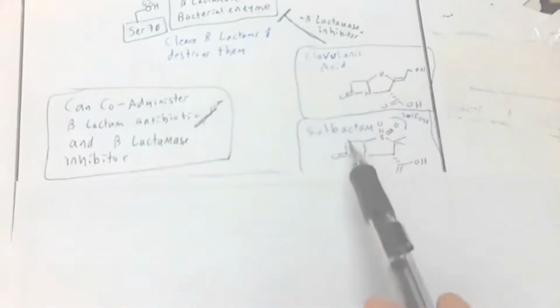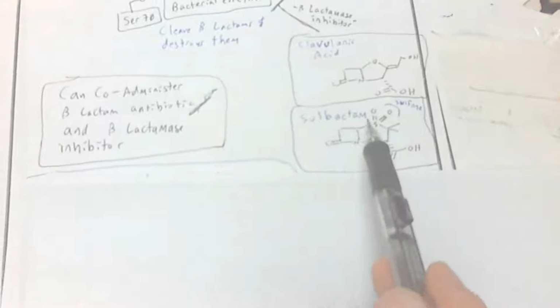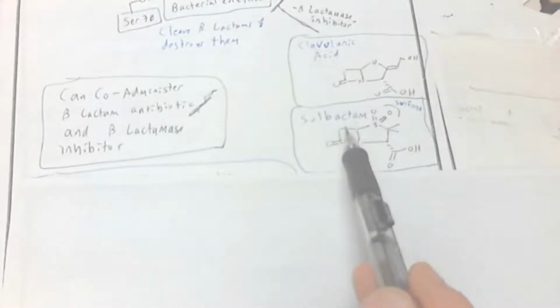So serine 70 will attach to a beta-lactam and then not let go. And so now we've destroyed the effect of this beta-lactamase enzyme, right? That's the idea. And then there's also this thing called sulbactam. It's a similar drug, okay?